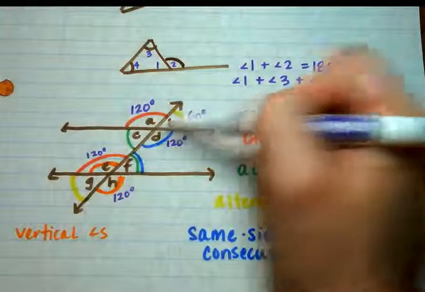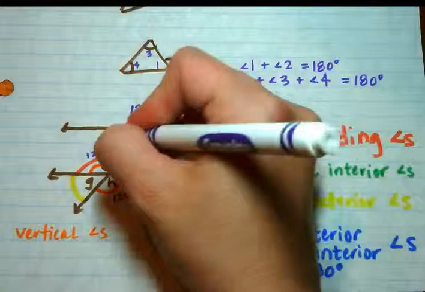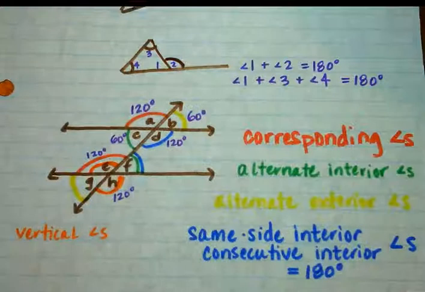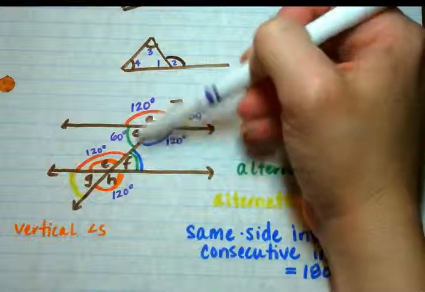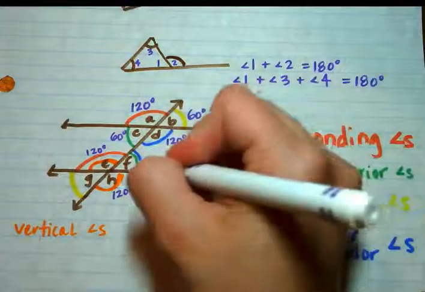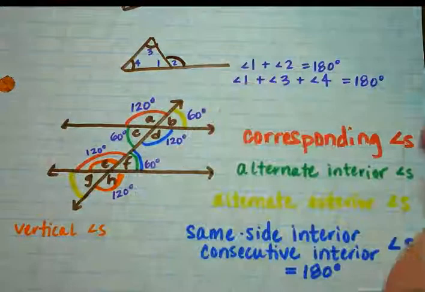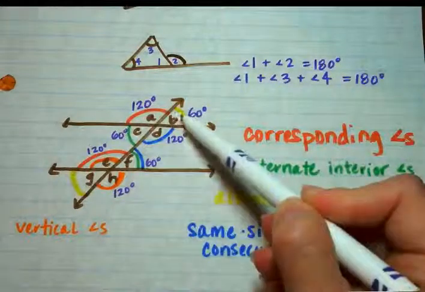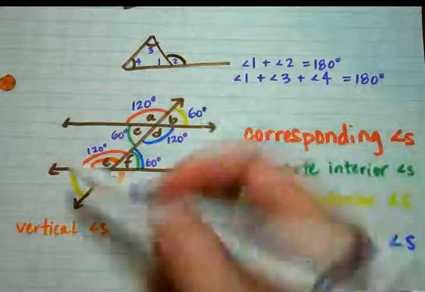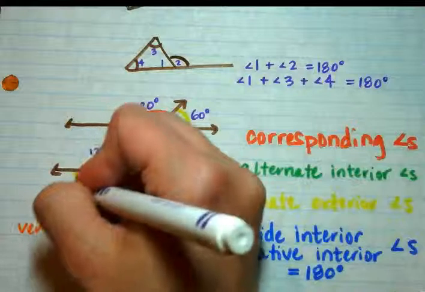B and C are vertical angles, so they're going to be the same degree. C and F are alternate interior angles, so they're going to be the same angle measurement. And then B and G, remember those were alternate exterior, so those are both the same measurement.